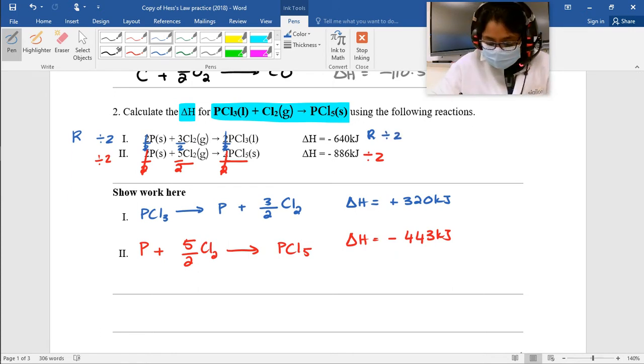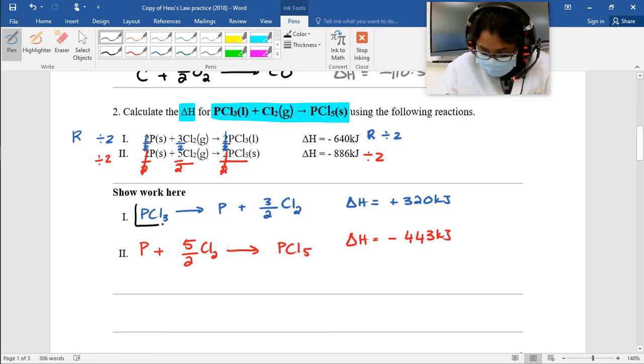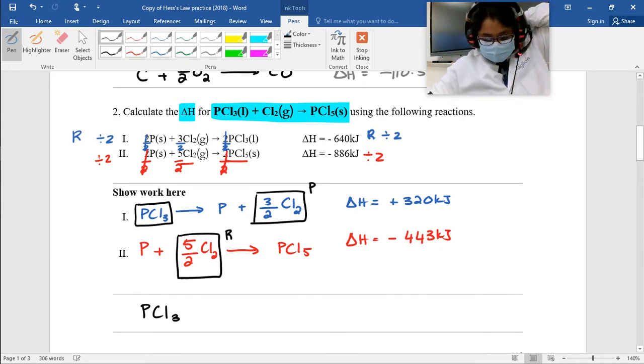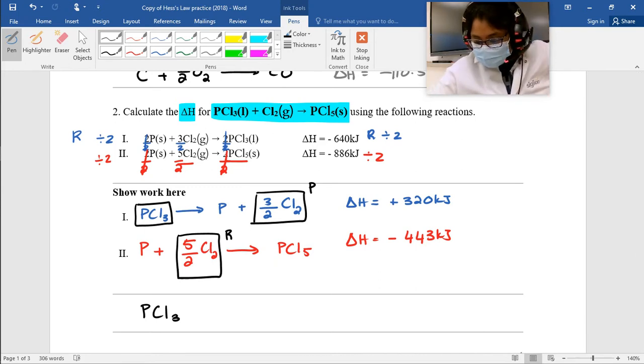Okay, now let's see what we can do. We want PCl3. We have PCl3 right there. We want Cl2, but we have 3 halves Cl2 and 5 halves Cl2. This is on the product side. This is on the reactant side. The reactant side has 5 halves. The product side has 3 halves.